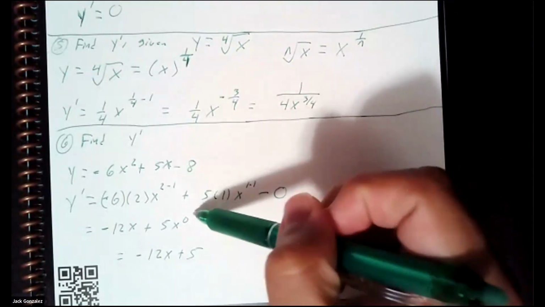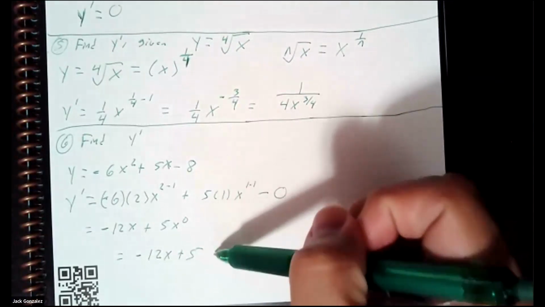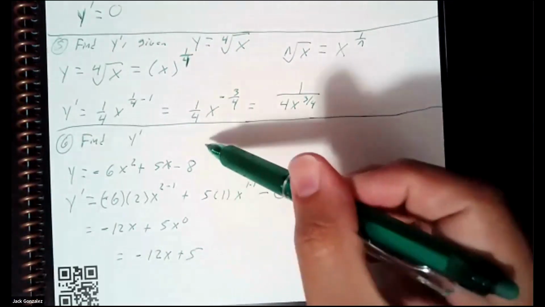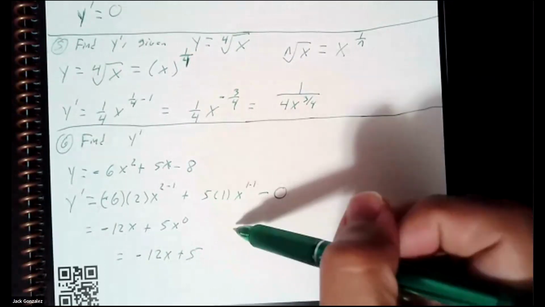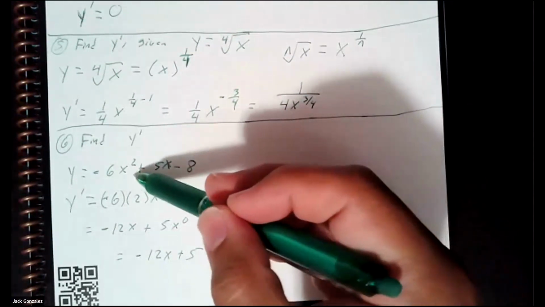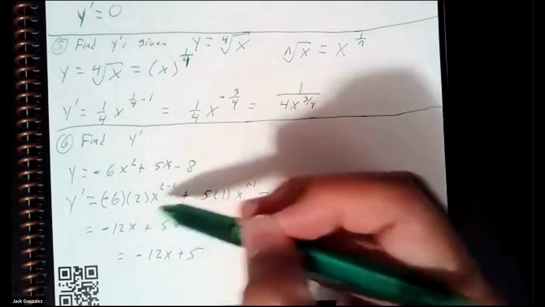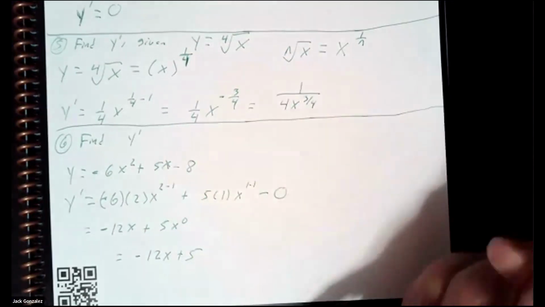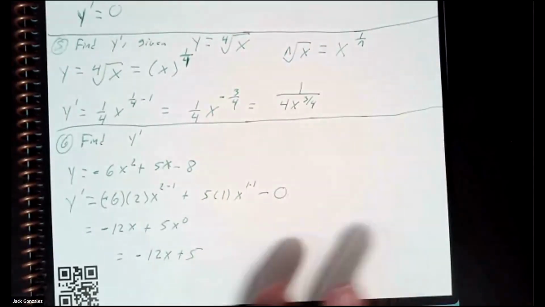You don't have to show this step here, but I wanted to show you why it is 5. Derivative of a constant, 0. Gone. Derivative of this is the power rule. Well, technically they both were. Any questions on 6?